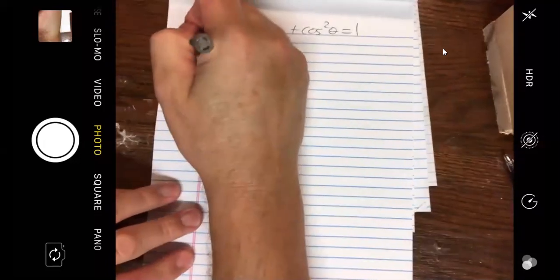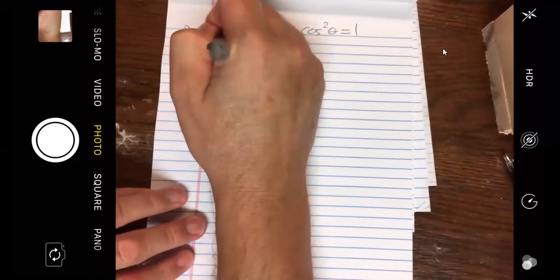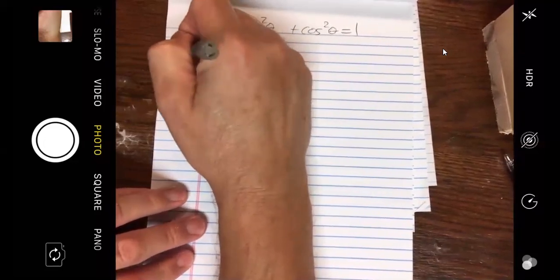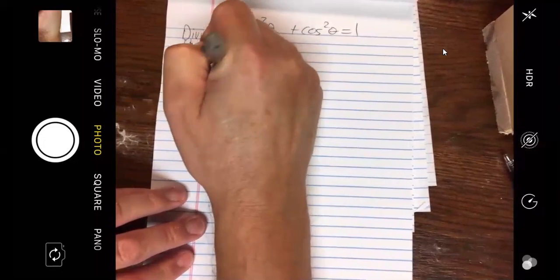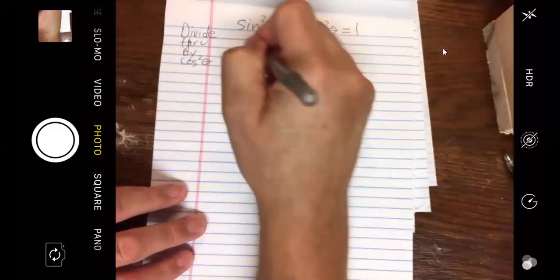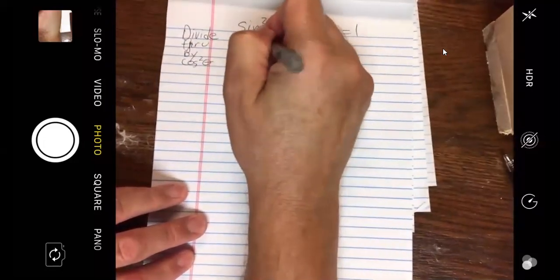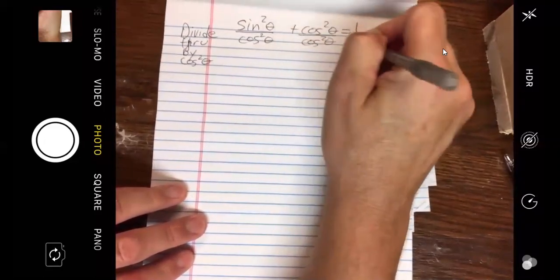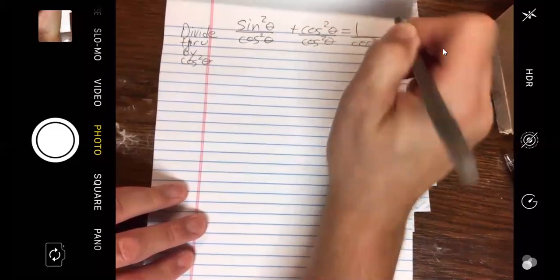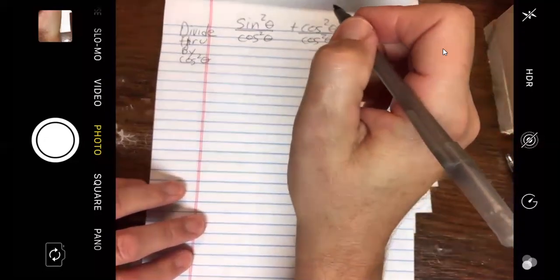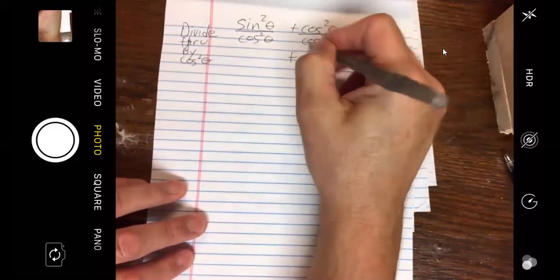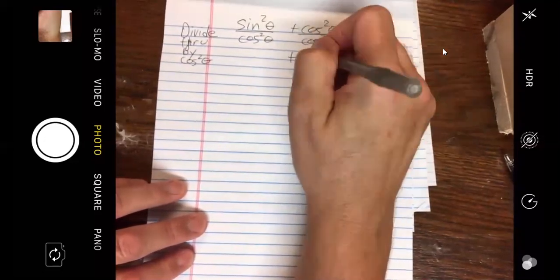Divide through by cosine squared. Let me talk about the simplest one first. Since these are equal, you get 1.